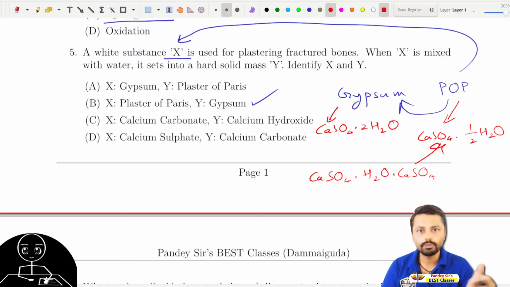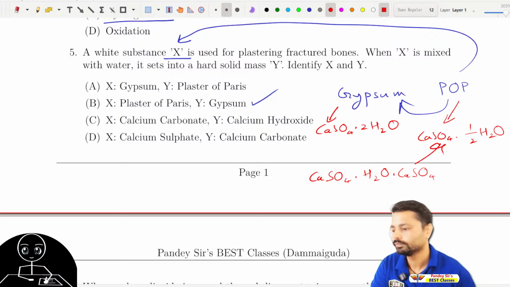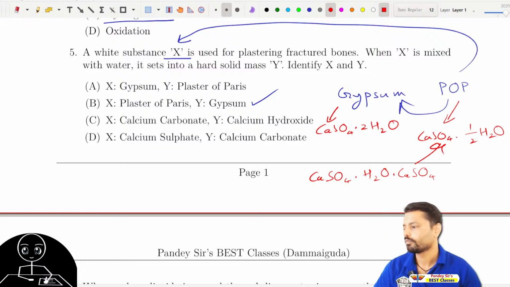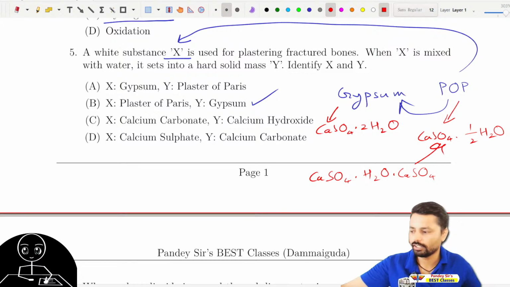So this absorbed water is the dot H2O. Like wood, for example. Wood is generally very solid and hard. This is a pencil, which is obviously not wood.